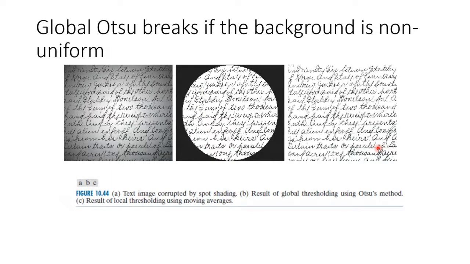Another caveat of Otsu is that it is based on the statistics of the whole image. Remember that the basic Otsu method is doing statistics on the entire image. So if I have a non-uniform background like this, this is a typical noise called spot shading.